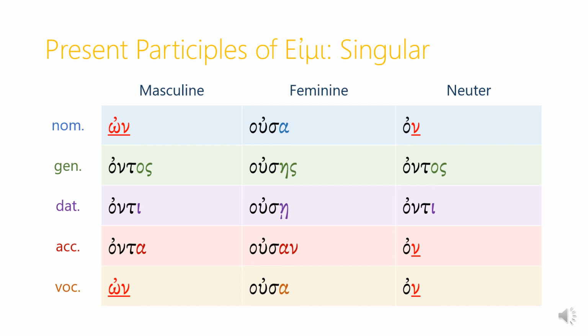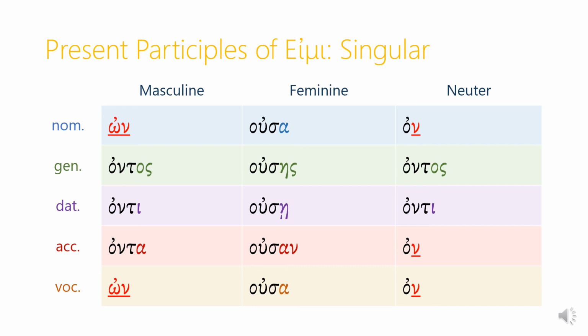So on the end of masculine nominative singular participles, you usually put on. And the present participle of eimi in the masculine nominative singular is just on. The genitive masculine singular is ontos. The dative masculine singular is onti, and so on.